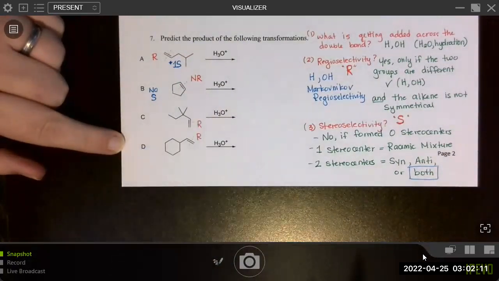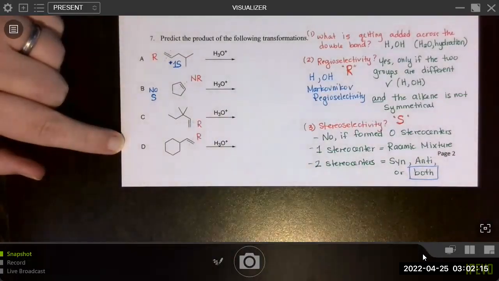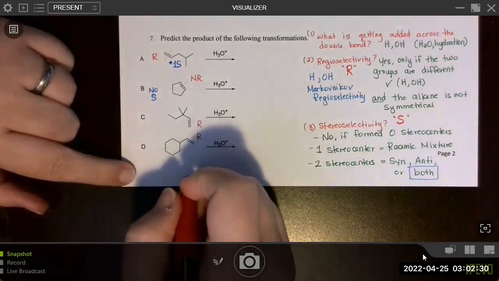That will become, oh, and however, though, we do need to also, in this case, consider rearrangements. Really, this one is not going to happen in all cases, but in reactions that form a carbocation, we do also need to ask ourselves about rearrangement.